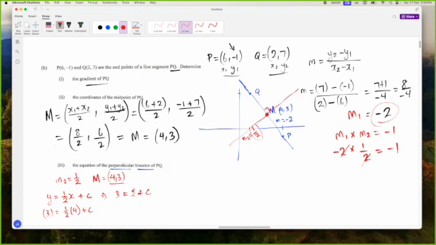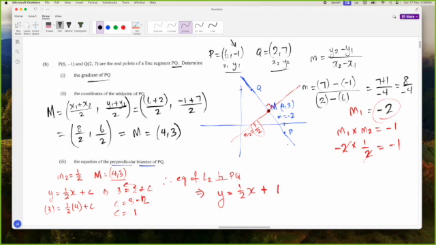When I throw this 2 across, c is going to be 3 minus 2, so c is going to be 1. Therefore, the equation of L2, which is perpendicular to PQ, implies y is equal to a half x plus 1.